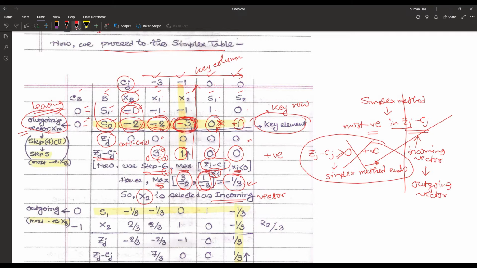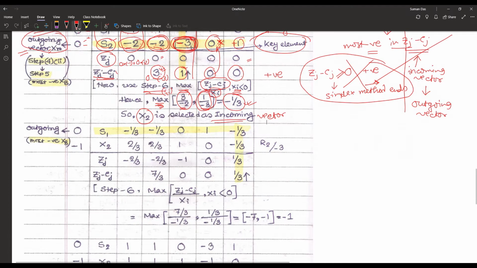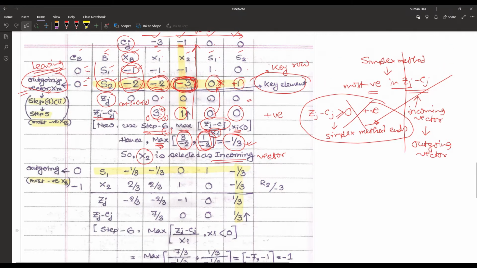Okay, so next we proceed to the next table. As usual in the simplex, we divide each and every element in the key row by the key element, and here also the same happens. The first one is minus 2 and the key element is minus 3, so minus 2 divided by minus 3 is 2 by 3.